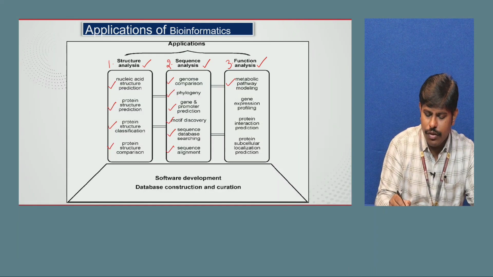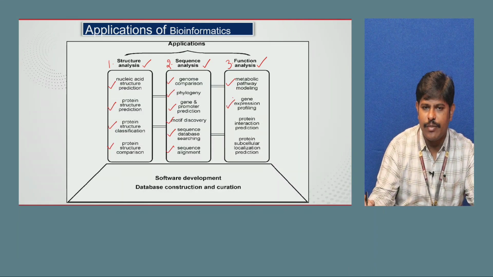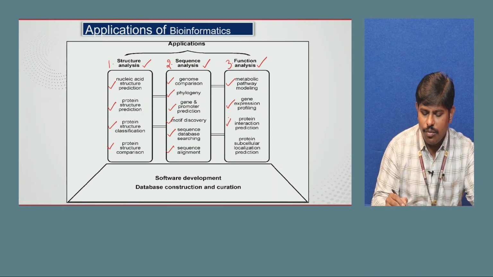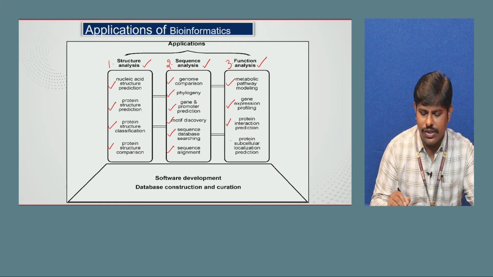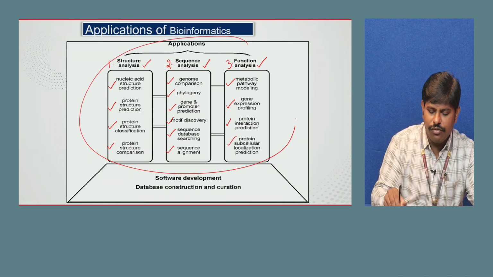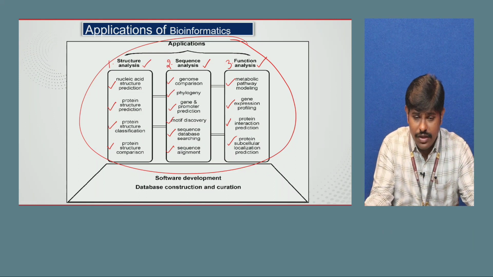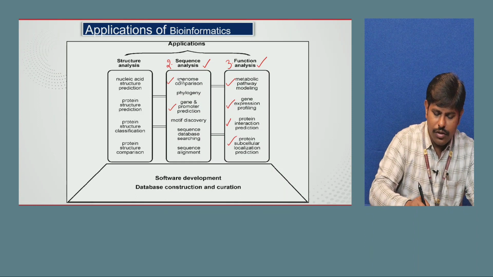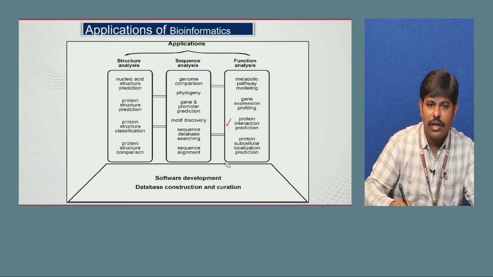So we can do metabolic pathway modeling and understand gene expression profiling, protein interaction predictions, and protein subcellular localization predictions. Various kinds of analysis can be done in bioinformatics in different fields, and the outcome will be different for each type of analysis.